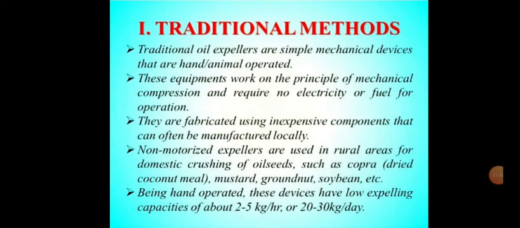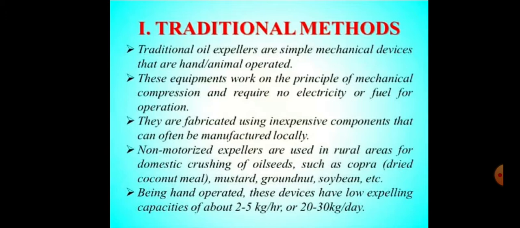Examples are dried coconut meal, mustard seed, groundnut, soybean, etc. Before extraction of oil, they are crushed to get more surface area. Being hand operated, these devices have a low expelling capacity of about 2 to 5 kg per hour or 20 to 30 kg per day.